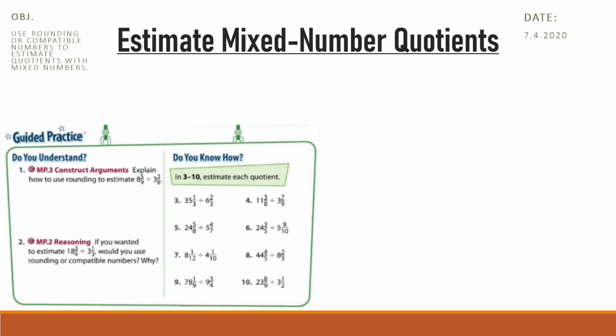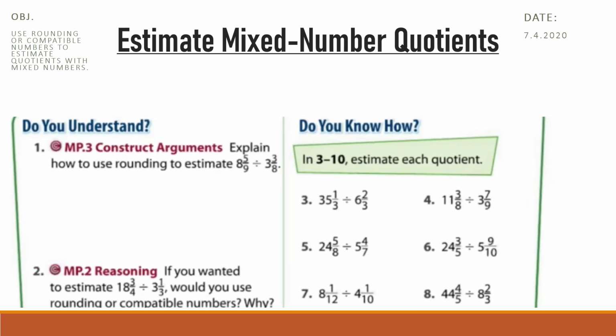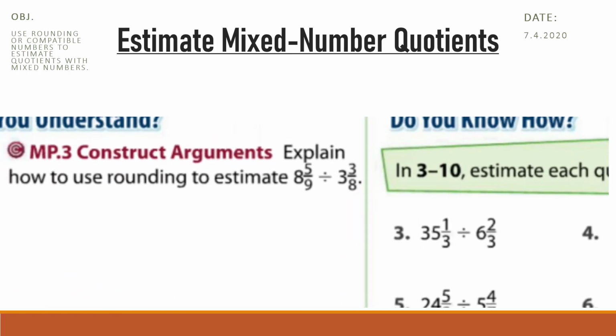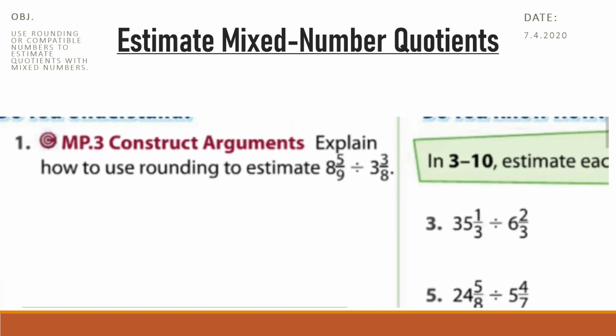Now, in page 619, question number 1. Explain how to use rounding to estimate 8 5/9 divided by 3 3/8.